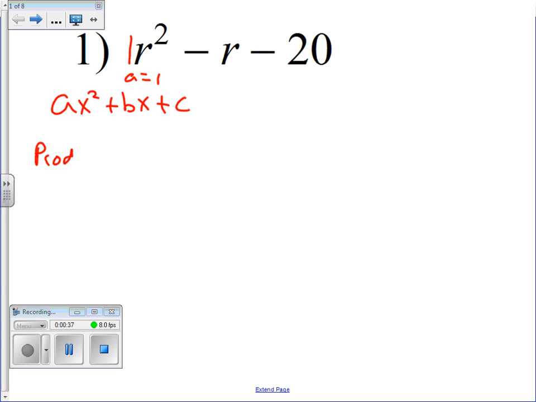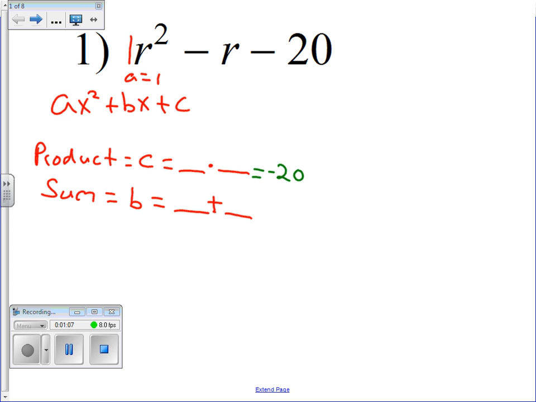Product sum: we want two numbers that multiply to give me C, and the same two numbers should add to give me B. In this case, my C is negative 20, and B is the number in front of the middle term.